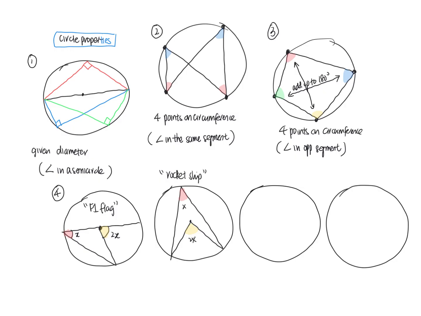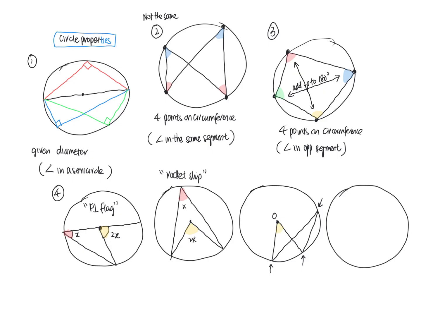Okay, next one is the mini butterfly that you often confuse with angle in the same segment. But this one, take note, there are only 3 points on the circumference, but the 4th one is from the center. So this one and number 2 are not the same thing. This one is the same 2 times, not 3 times.